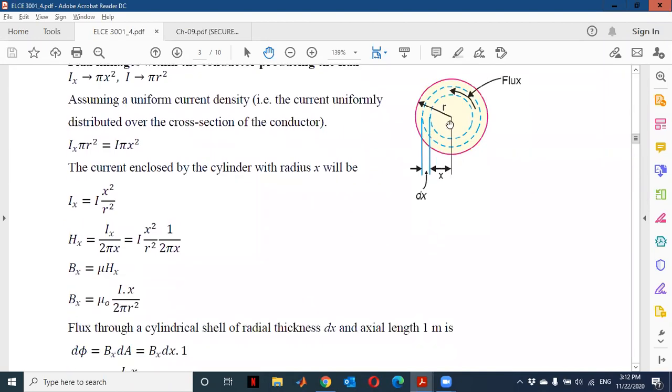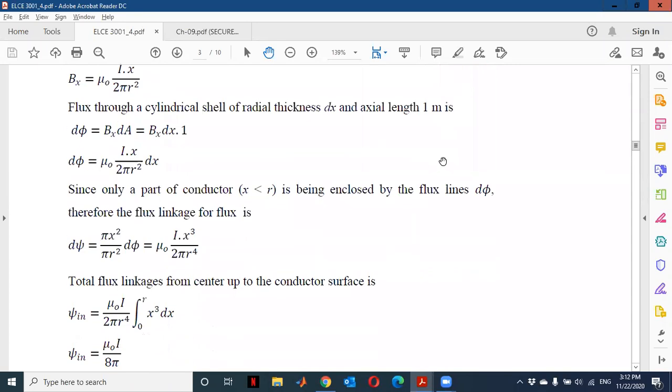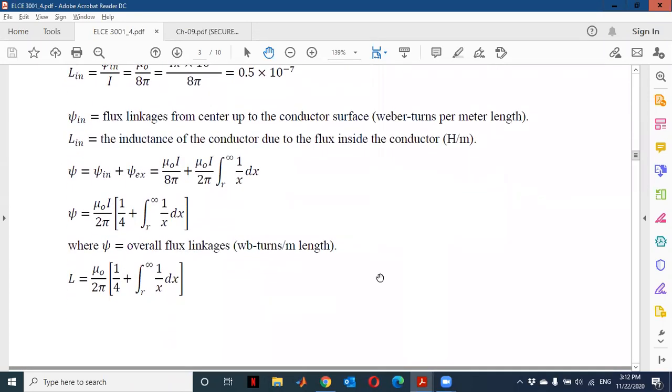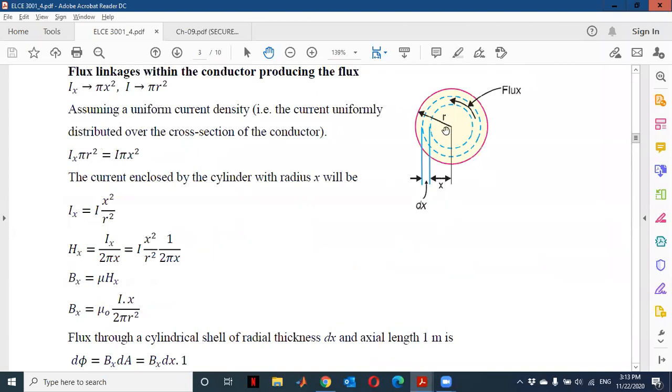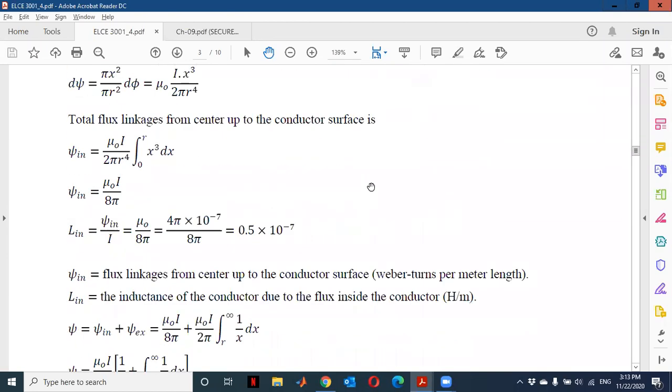When we want to find this value, we will finally come to the equation here: 2 times 10 to the power minus 7 multiplied by 0.25 plus ln d over r. R here is the radius, d is this value, the distance between the center point of the conductor to the current density.